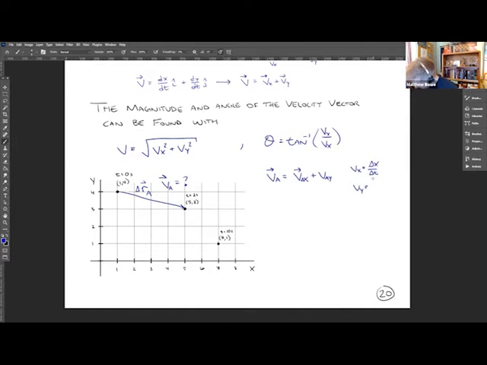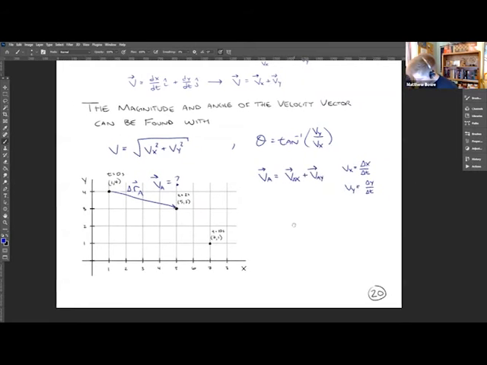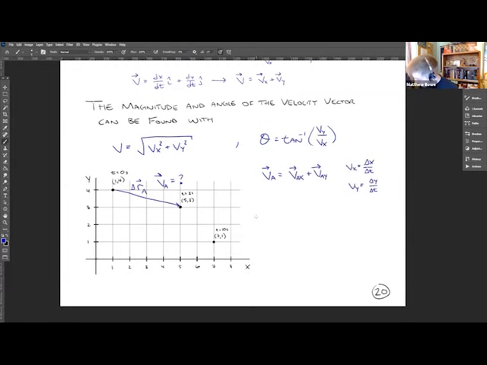The velocity in the y direction is just the change in vertical distance over the change in time. I have to put a vector right there. Okay. So this is actually much more simple than it seemed.